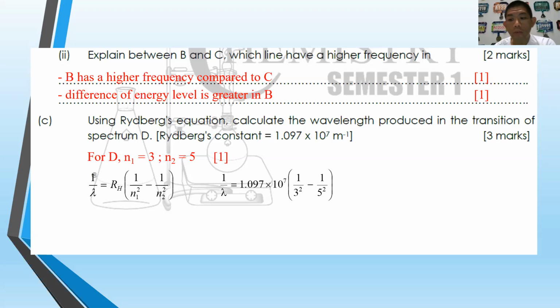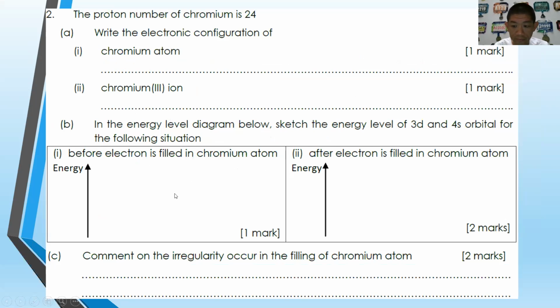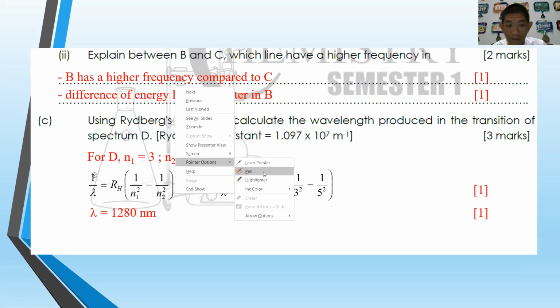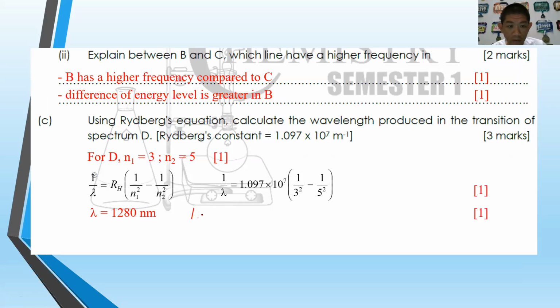As I always tell you, the 3 marks go to equation, substitution, and answer. You don't need to show how you actually calculated lambda; just substitute accordingly and you'll be able to get your answer as 1280 nanometers. Do you really need to give it in nanometers? Actually, no need. Even if you answer it as 1.28 × 10⁻⁶ meter, that is fine.